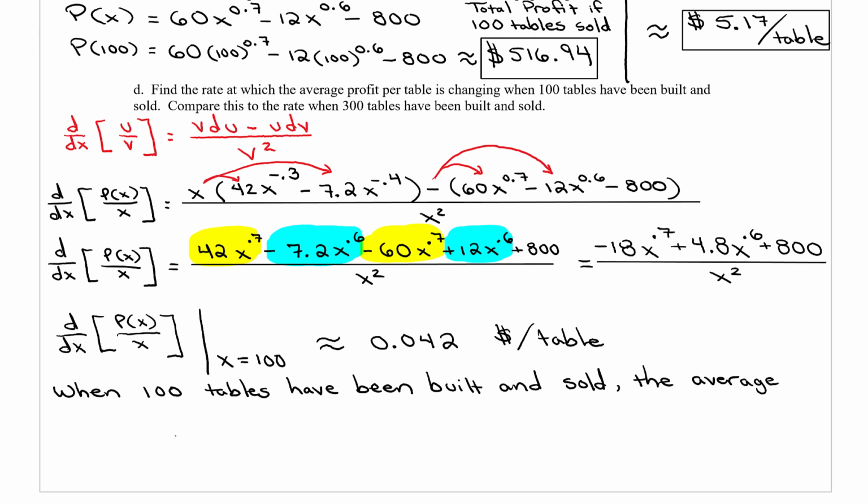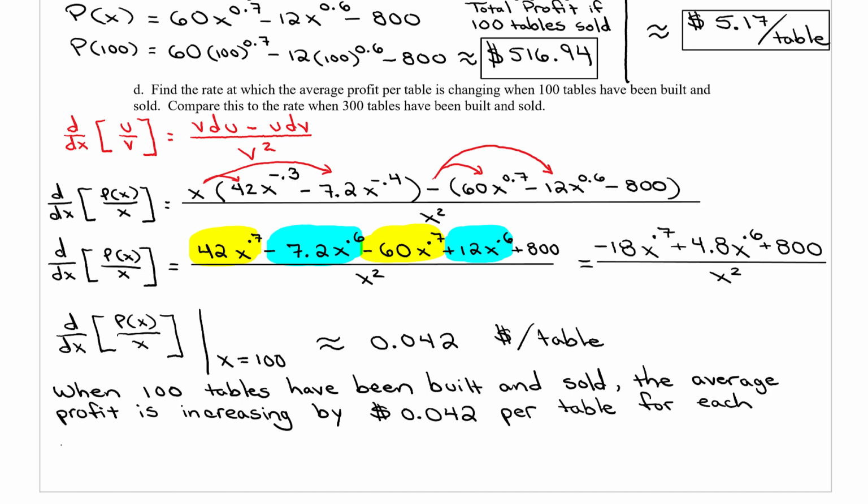The average profit is increasing by 42 thousandths of a dollar per table for every additional table built and sold.